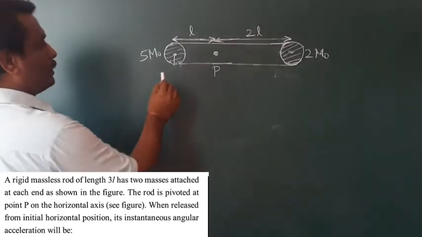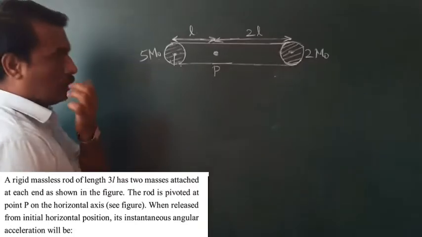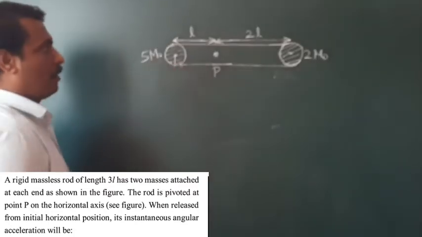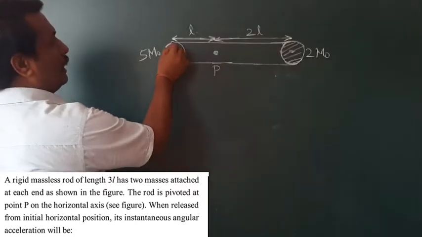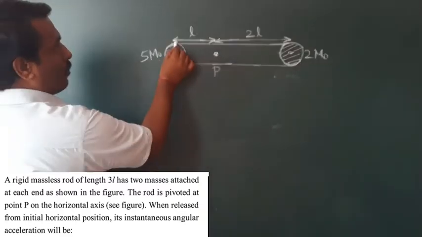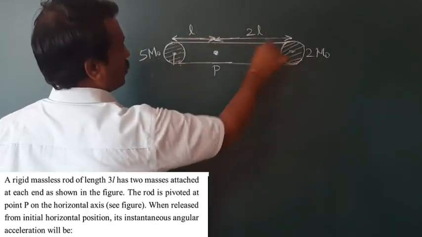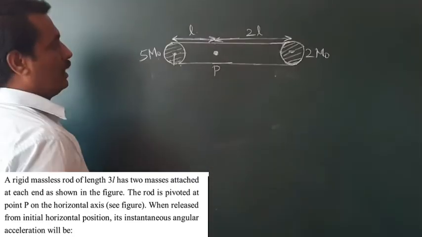Here two masses 5m0 and 2m0 are attached to two ends of a rod, and this rod is pivoted at point P. From here to here length is L, and from here to here it is 2L. So total length of the rod is 3L.